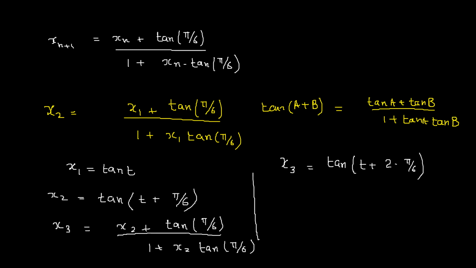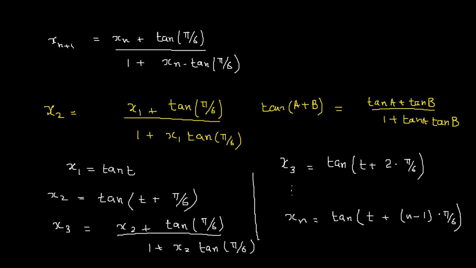So from here we can have a general formula for xn. The general formula for xn is tangent of t plus n minus 1 times pi by 6.